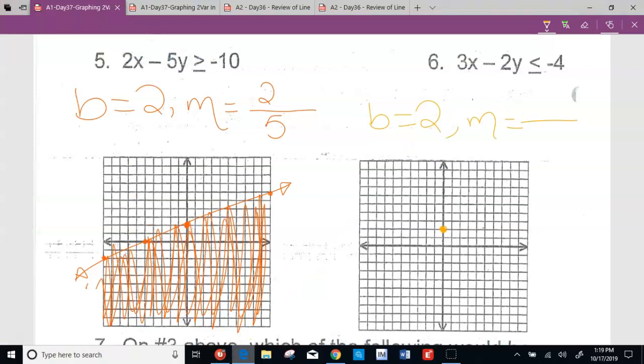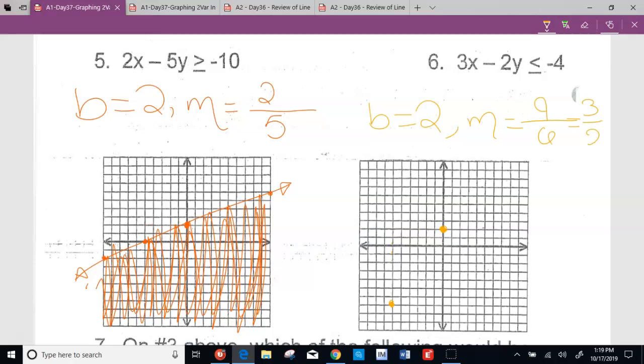Negative 1, 2, 3, 4, 5, 6 from the origin, and then 7 down. I'm going to use those 2 points as the basis of my slope. I have to go up from the left point: 1, 2, 3, 4, 5, 6, 7, 8, 9. Positive 9 up. And then over 6 to the right. How can that be simplified?